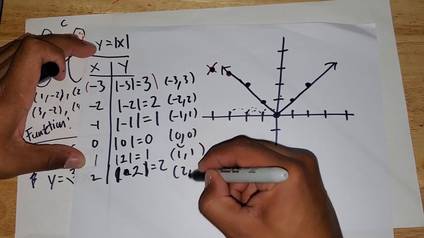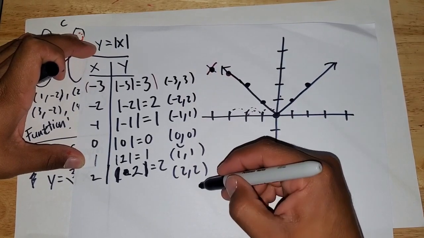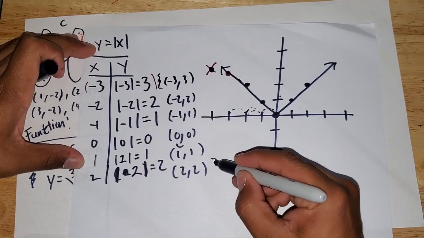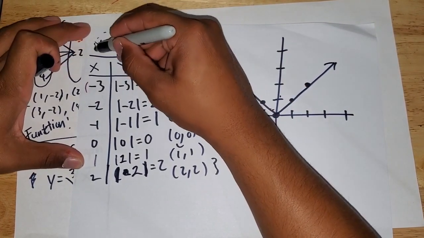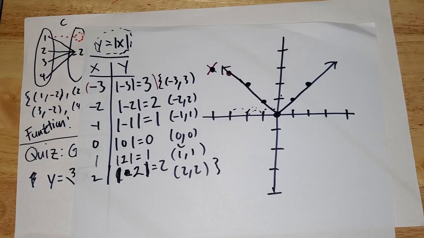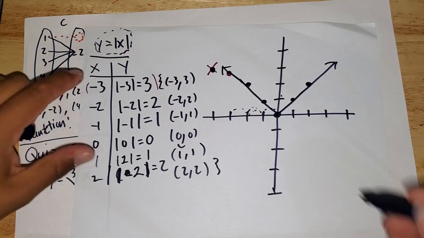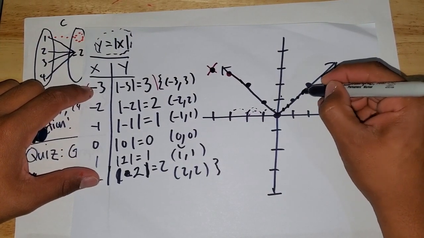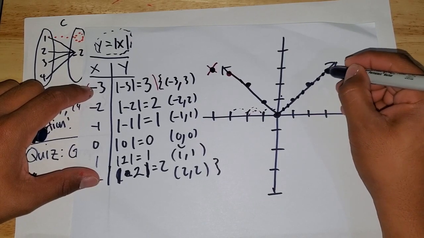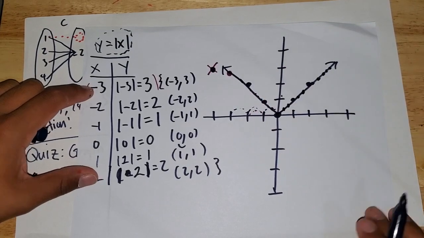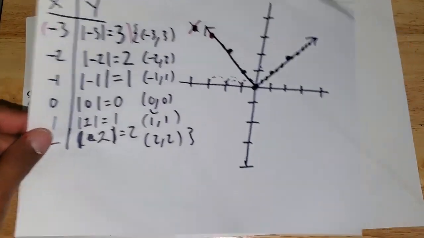And then this was 2, 2. These are all ordered pairs. And they are made up of this equation. So technically this equation is creating a humongous relation. Because here's a point here, here's another ordered pair, here's another one, and another. There's an infinite amount of ordered pairs on this graph.